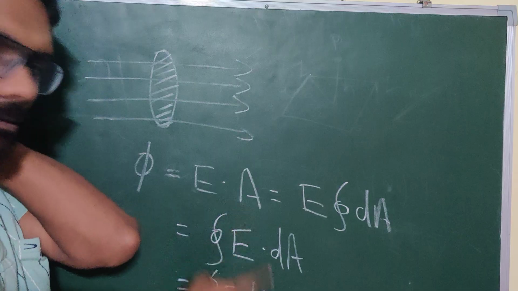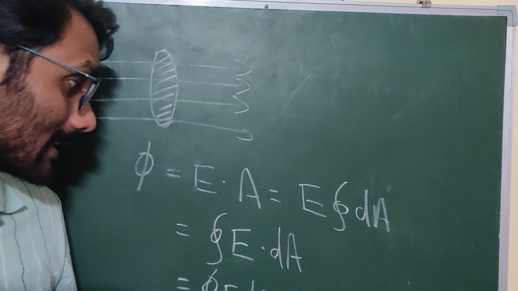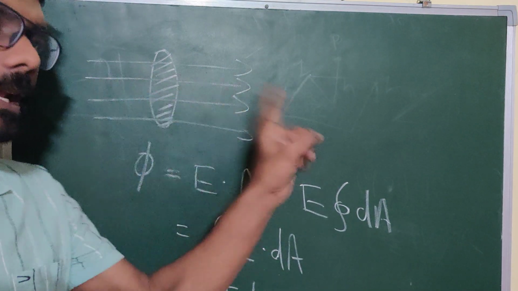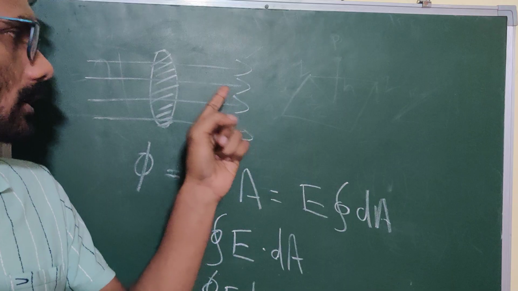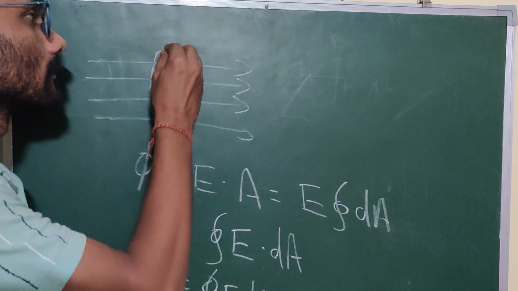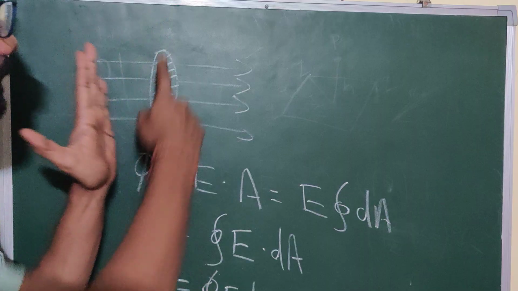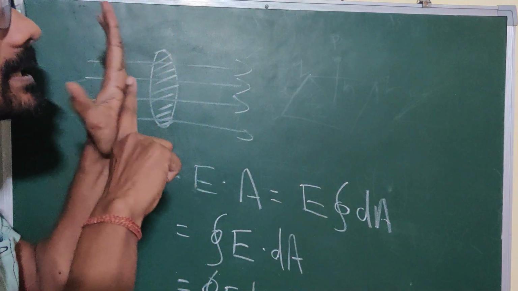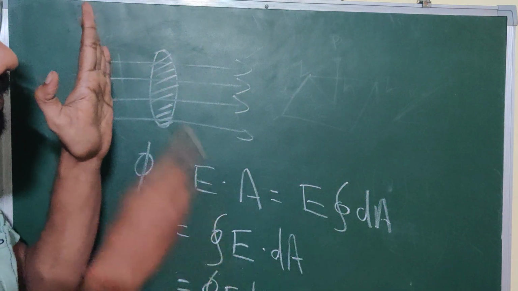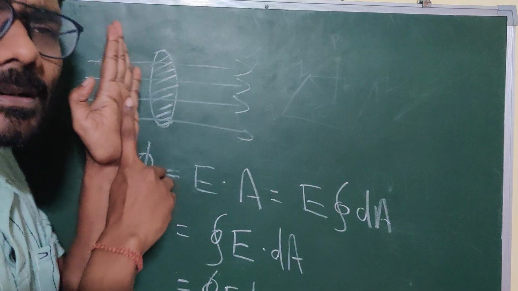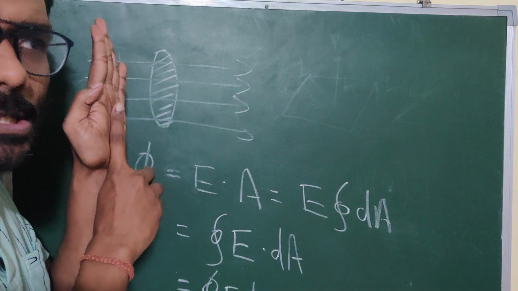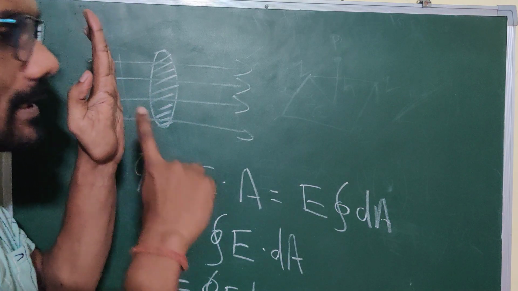Same thing. So this theta means electric field lines are passing in this direction, and this area is facing in this direction.